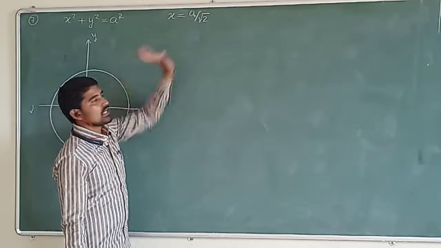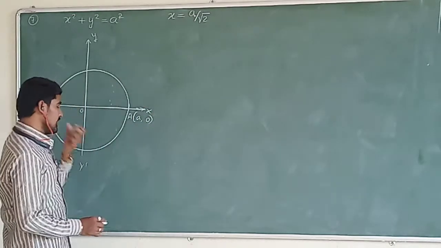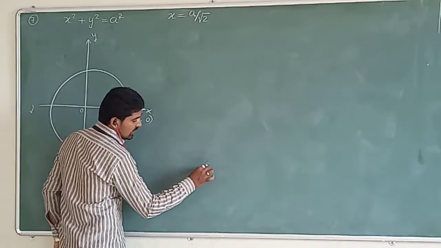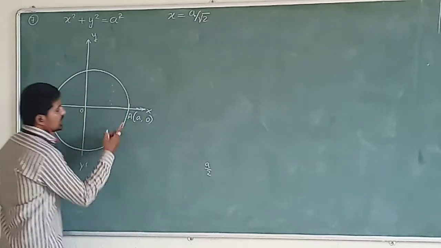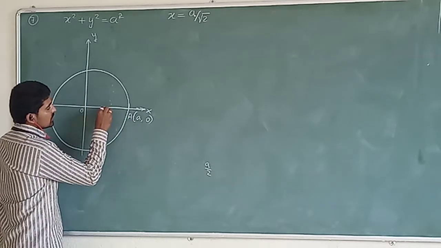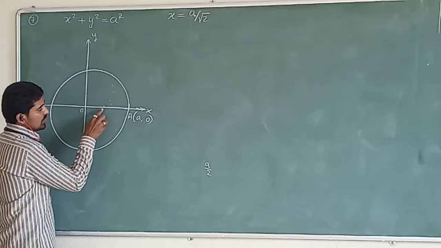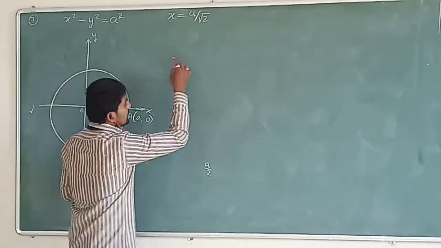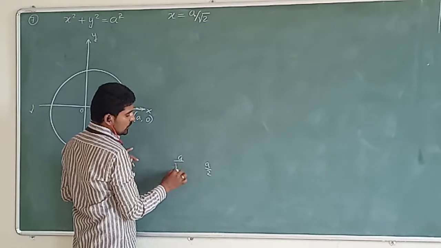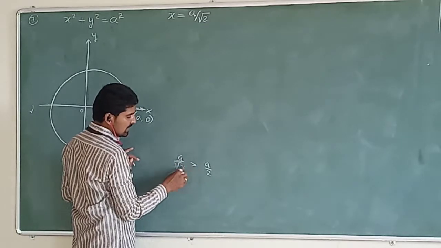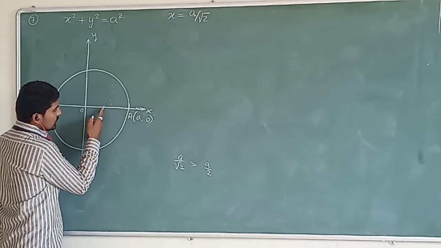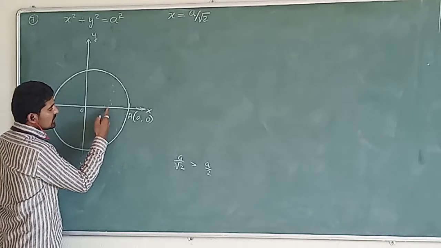Next, x = a/√2 is a line parallel to the y-axis. First, let us consider x = a/2, which is half of the radius. But we need to find x = a/√2, which is just greater than the value of a/2. So if this is a/2, then a/√2 is more than a/2, which is this one.